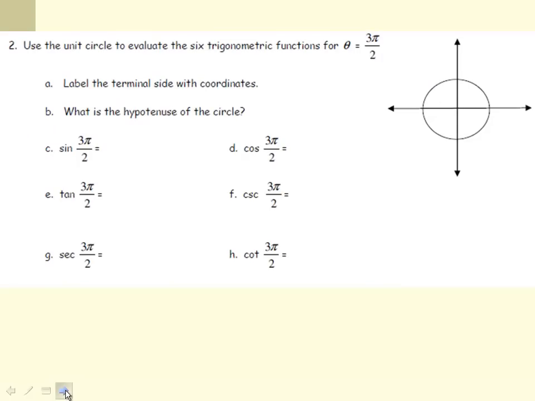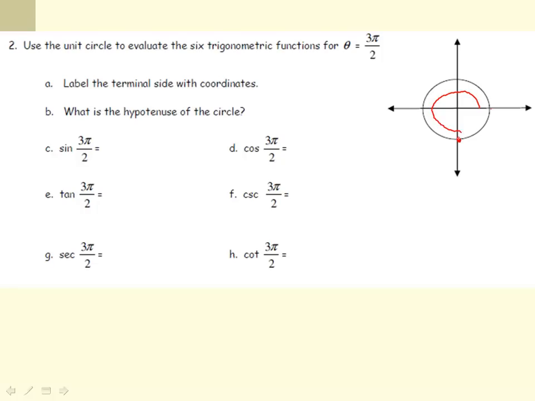Okay, let's look at the next page of your 13.3 notes. It says to use the unit circle to evaluate the 6 trigonometric functions for theta equals 3 pi over 2. Starting here and going to here, that's 90 degrees, or pi over 2. Here's one pi over 2, and down here would be 3 pi over 2.